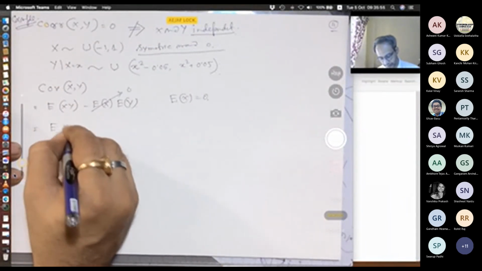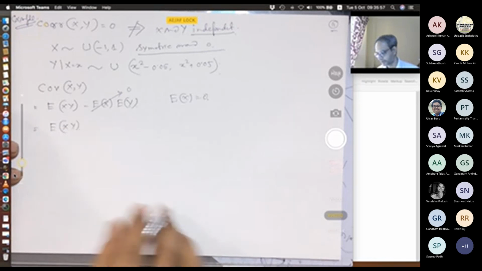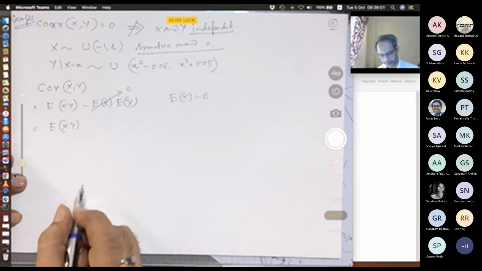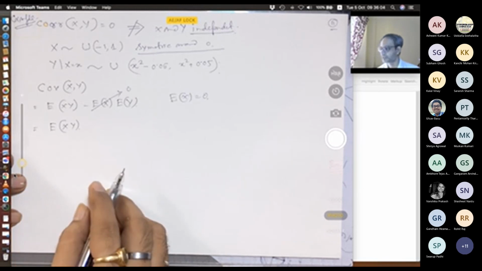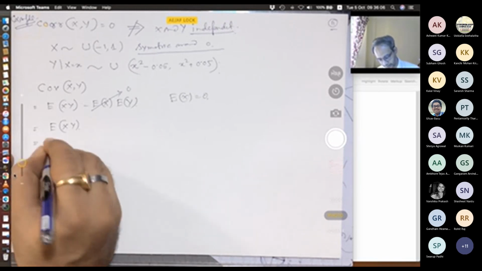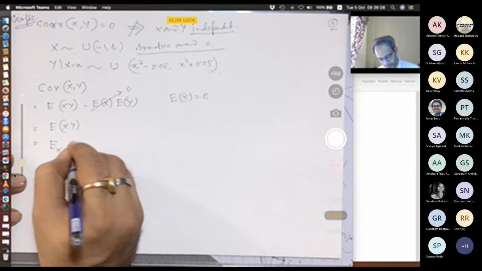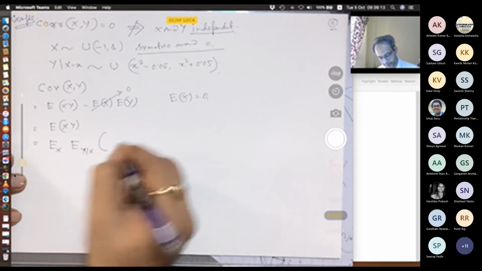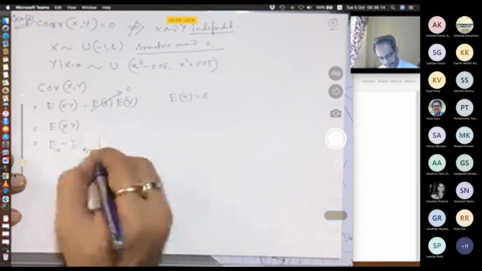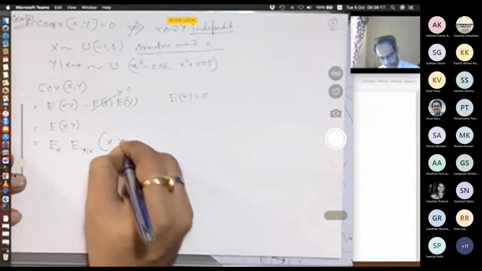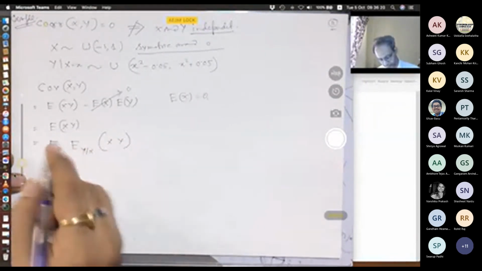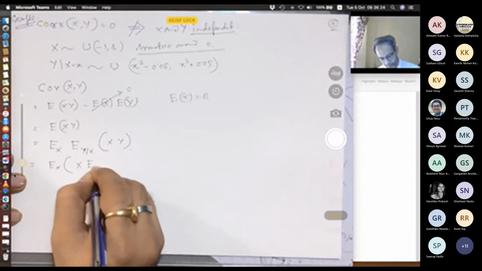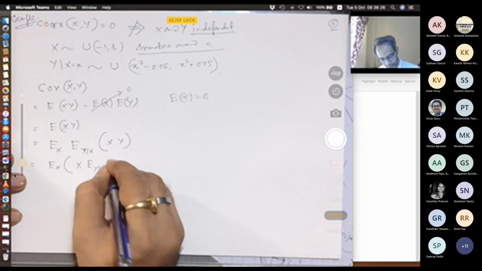So it is expectation of xy. Now expectation of xy, now you will see the application. You can calculate this expectation through conditioning. So let us go by that. Expectation of x, expectation of y given x. Now this x is fixed, x into y. So you can write it in this way, expectation of x, x into expectation of y given x.